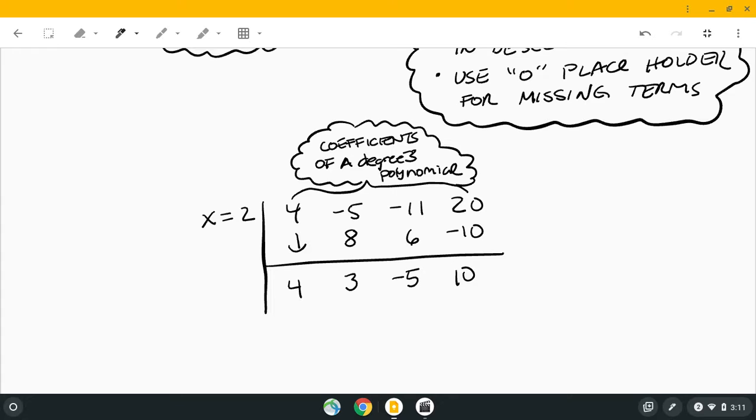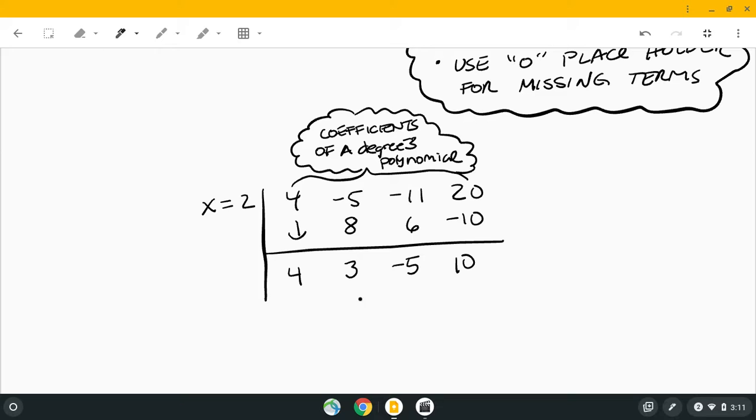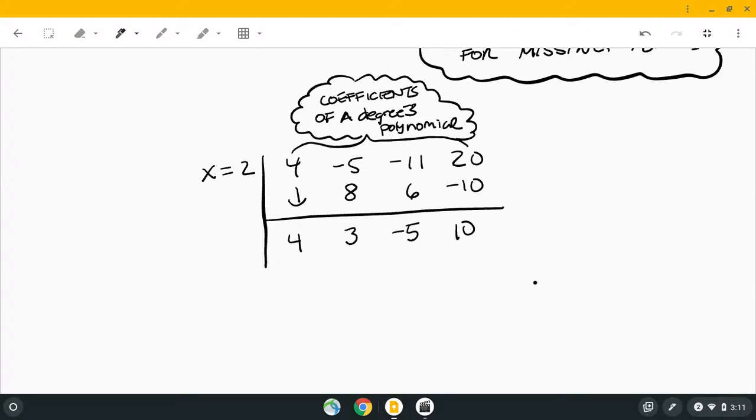Because we know this is a degree 3, down here these are going to be the coefficients of a polynomial that's 1 degree less. So if this here is degree 3, then this here will be degree 2. These are going to be the coefficients, and it's just these 3 here. I'll talk about this last number in a bit.